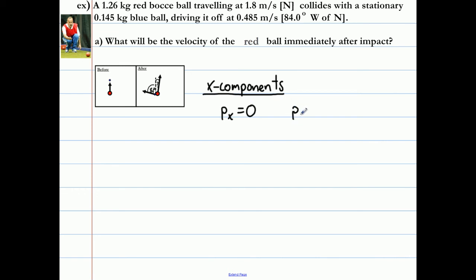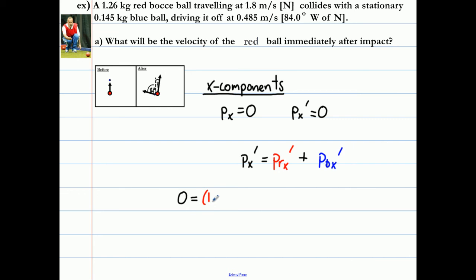So left and right there's no movement in that direction, so it's 0. And the final x momentum is also 0 because momentum is conserved in the collision. So the final momentum is equal to the momentum of the red ball in the x direction plus the momentum of the blue ball in the x direction in the final. So after the collision, that's what the primes are.